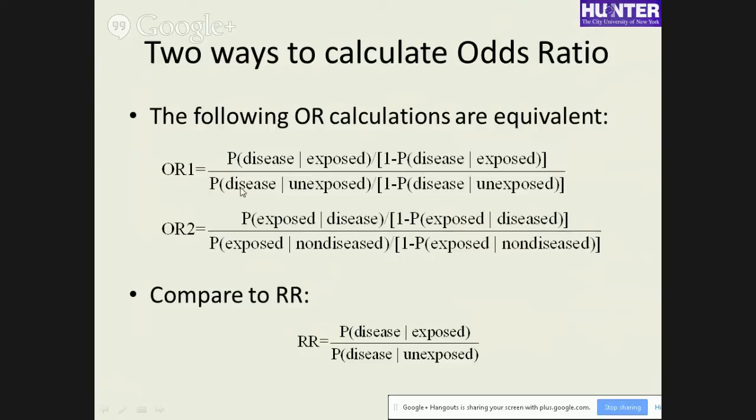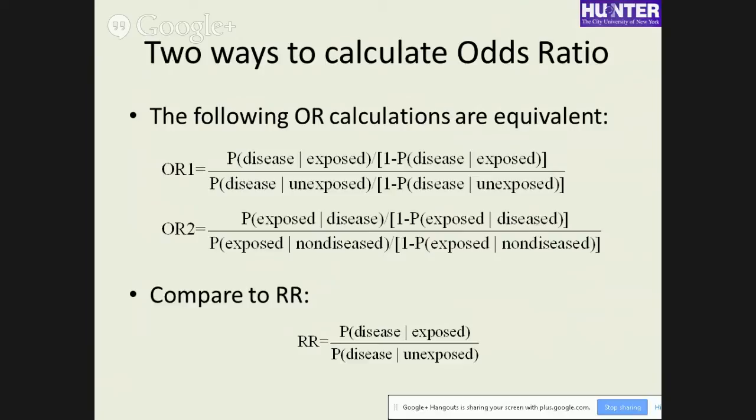And then on the denominator, probability of disease given that you're unexposed divided by 1 minus that. The second way has these reversed, so the probability of exposed given disease. Anyone want to make a guess about how these two are related?